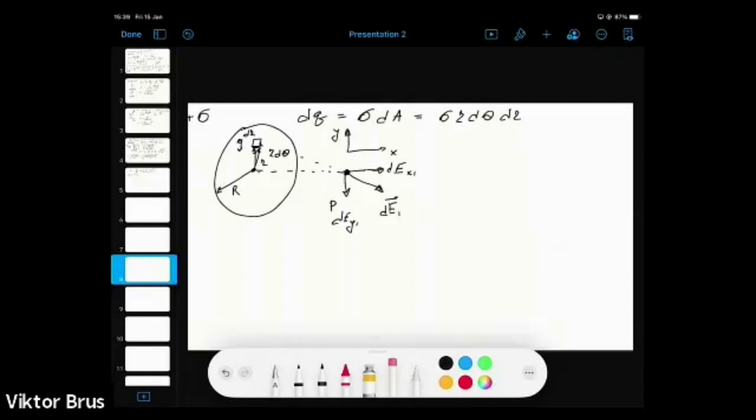So now let's get rid of this system of coordinates.